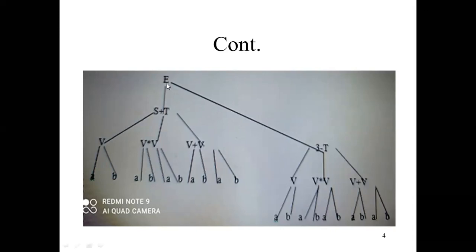So E, we have two options, just break into two parts. On the left side you can draw S plus T, on the right side 3 minus T.